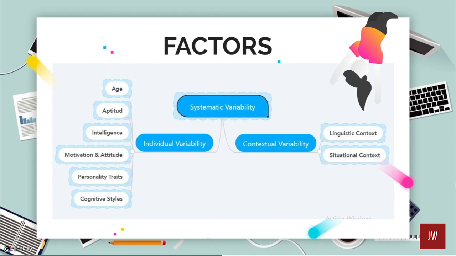As regards motivation and attitude, we can say that it does influence second language acquisition in terms of success. Moreover, different types of motivation, for example, instrumental motivation or integrative motivation, can facilitate successful second language acquisition in specific situations. It is believed that certain personality traits do affect second language acquisition.